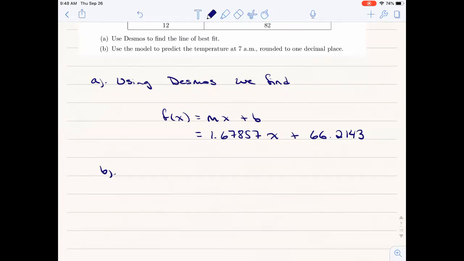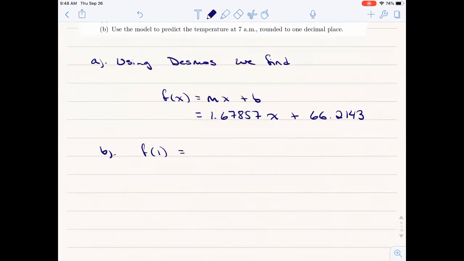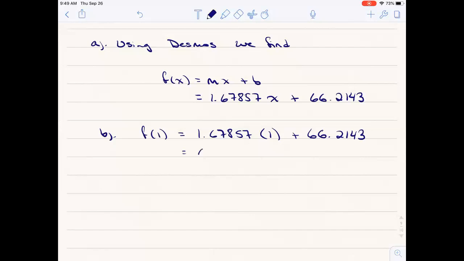For part B, use the model. This is the model of this relationship, and this is what we're more familiar with, to predict the temperature at 7 a.m. In terms of our inputs, 7 a.m. is 1 hour after 6 a.m. So really what we want is f of 1, which is 1.67857 times 1 plus 66.2143. 1.67857 plus 66.2143, I get 67.89287 degrees Fahrenheit.